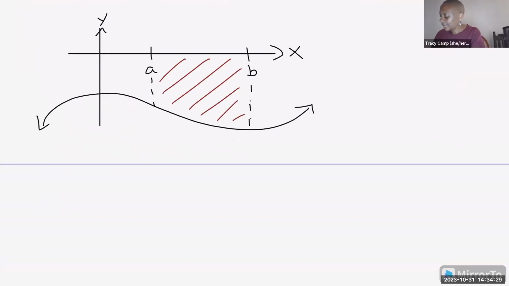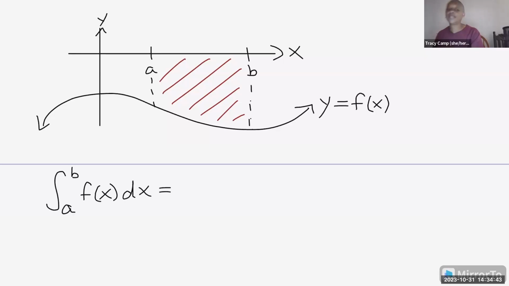So in a case like this, the definite integral from a to b of f of x dx, and again, let's suppose that this is our f of x, it's still going to be the area of that shaded region right there, but it ends up actually being the opposite of the area. So it ends up being a negative number. So it's negative the area of the shaded region.